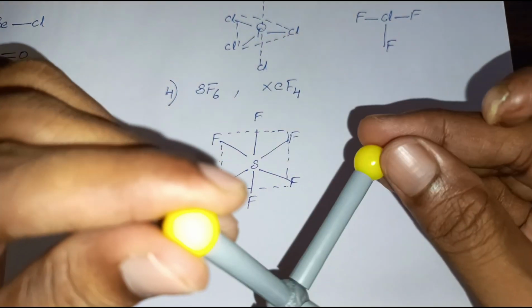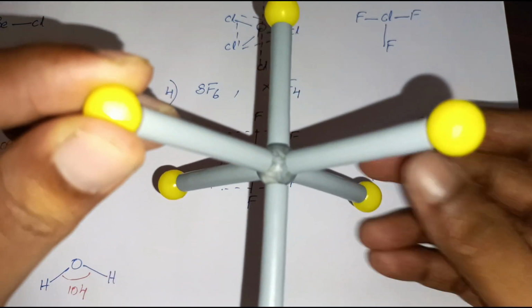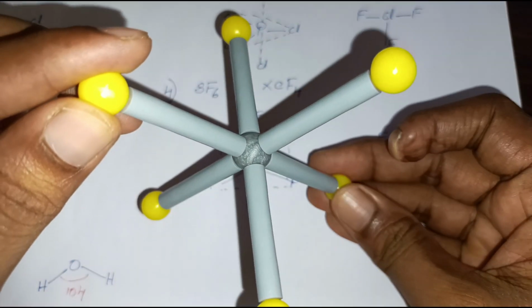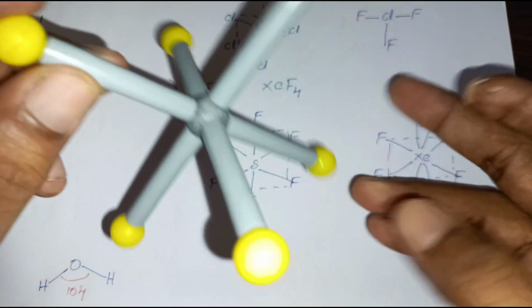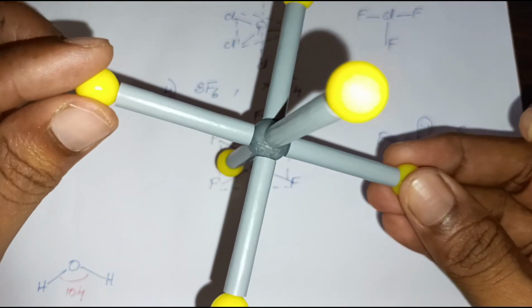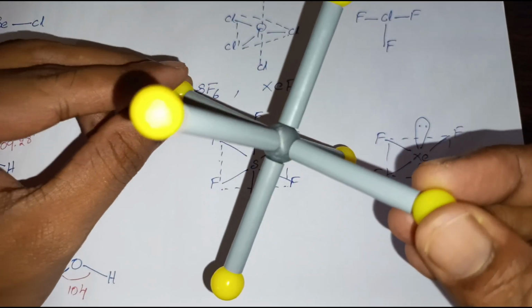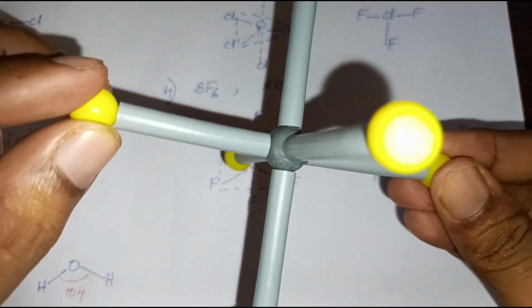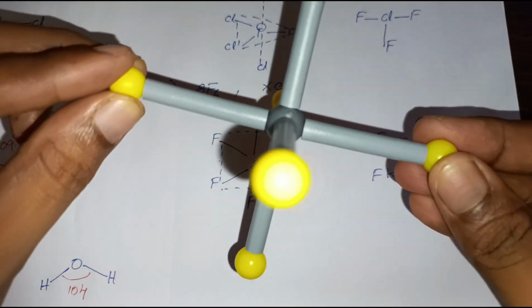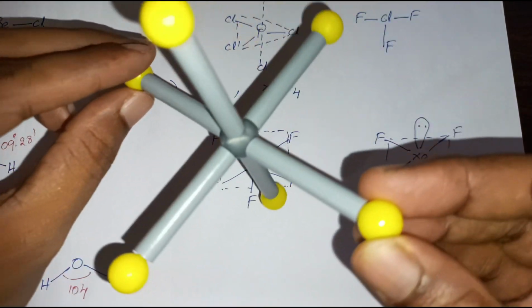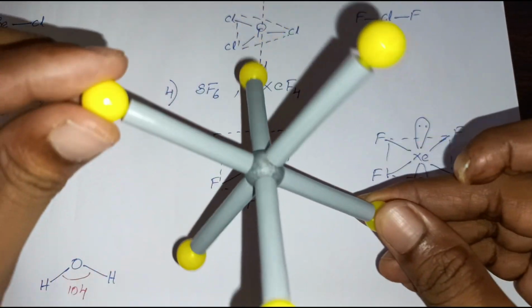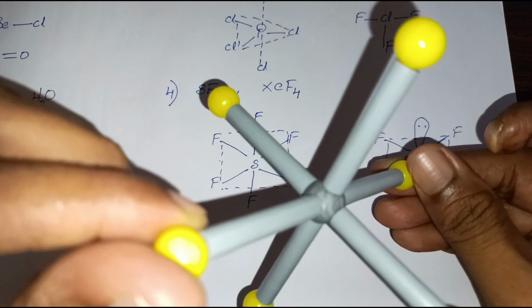Observe carefully. This fluorine is above the plane and this fluorine is below the plane, but all the bonds have equal bond length. That is the SF6 shape. This arrangement we call octahedral.